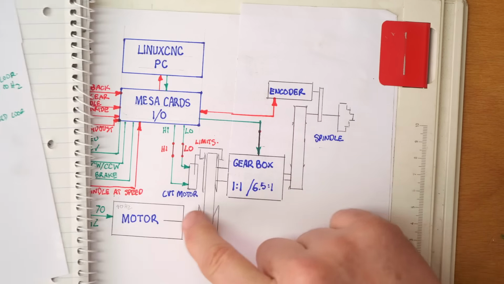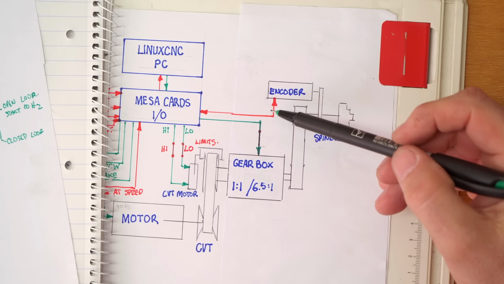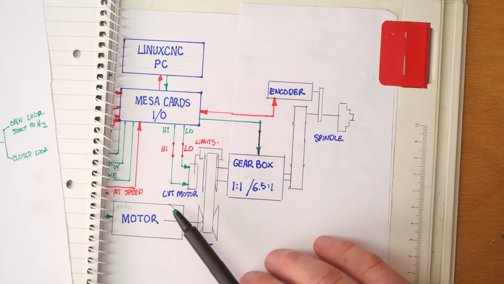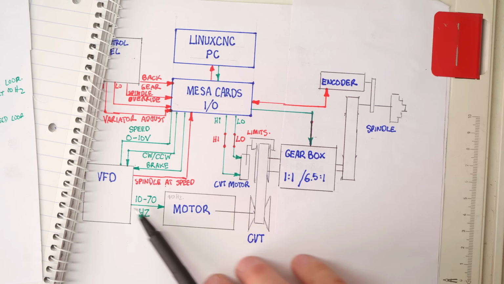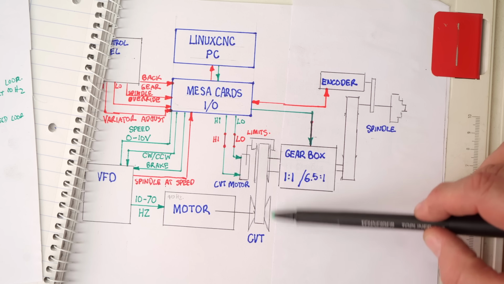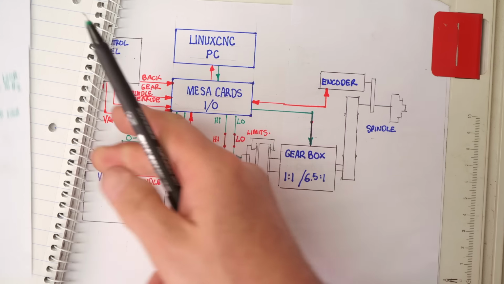Because once you know the gear ratio, at that point you know your commanded spindle speed, you know your gear ratio, and you know your actual spindle speed. Now the system can then start working out what changes need to be done with the VFD and what changes need to be done with the CVT to actually produce that commanded speed.